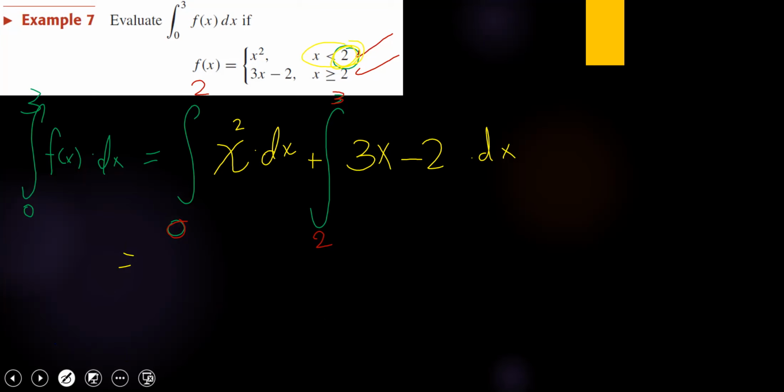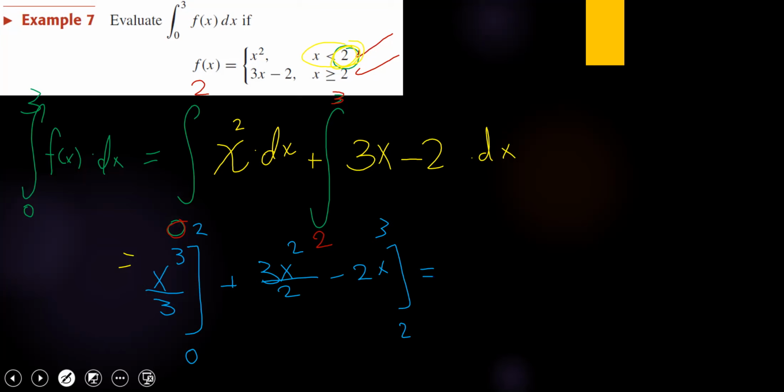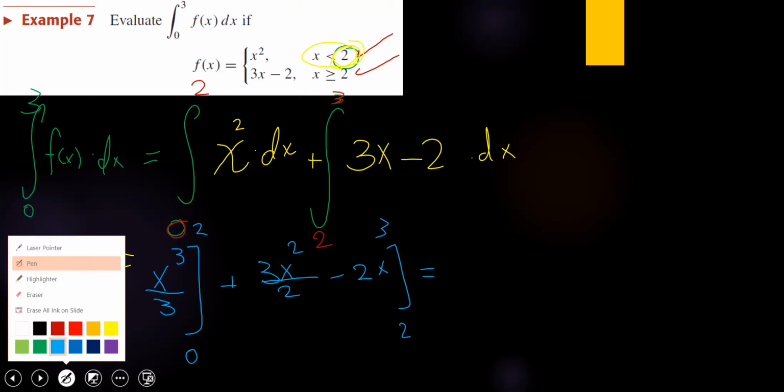Then, first I will integrate x squared, which is x cubed over 3 from 0 to 2, plus the integration of 3x, which will be 3x squared over 2 minus 2x from 2 to 3. After I integrate, now I will evaluate. Let's evaluate first the first one here.